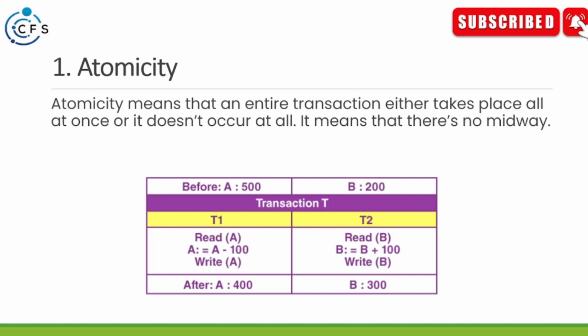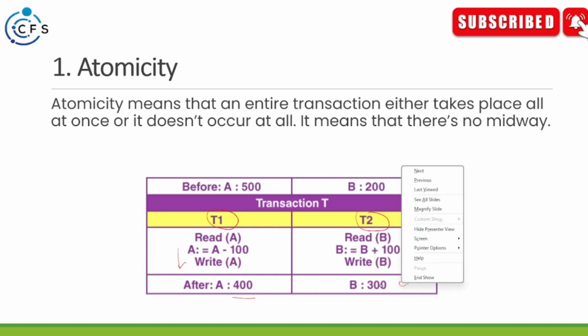Here we can see we have two transactions, T1 and T2. This is my T1 path. If it happens, then it will become 400. If T2 happens, it will become 300, and that is the way it will go.